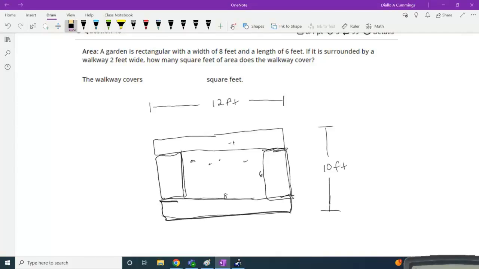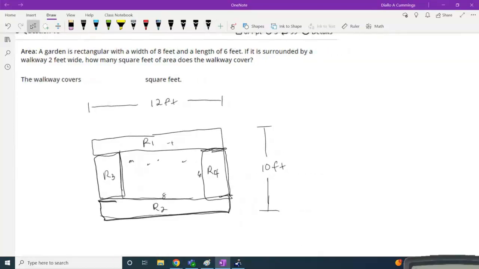All right, so it looks something like this. I'm going to call this rectangle 1, this rectangle 2, this rectangle 3, and rectangle 4.